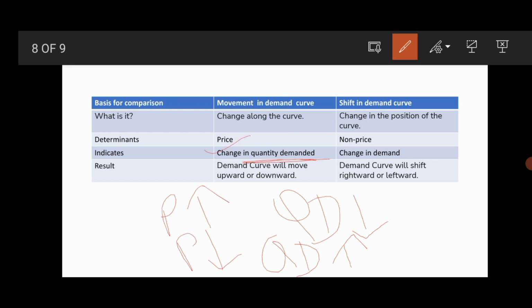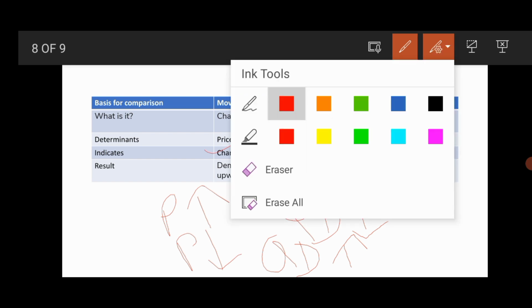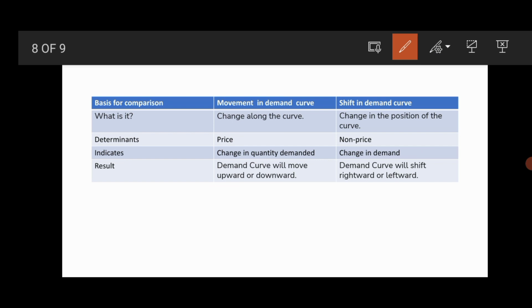When it comes to shift in demand curve, they explain the change in demand. For example, a person's income has increased. Initially he is buying a commodity which is less qualitative.